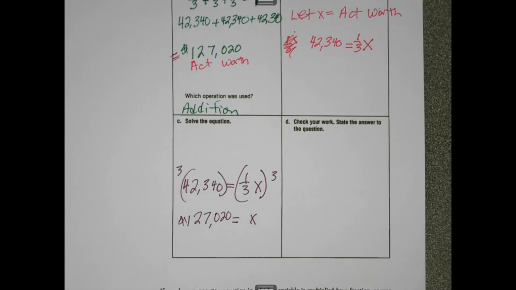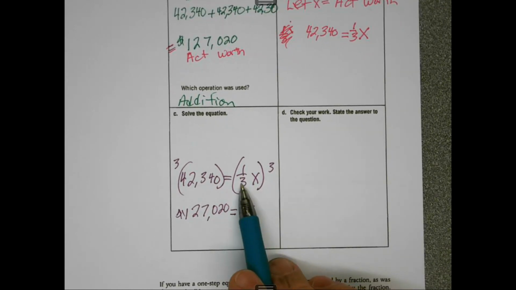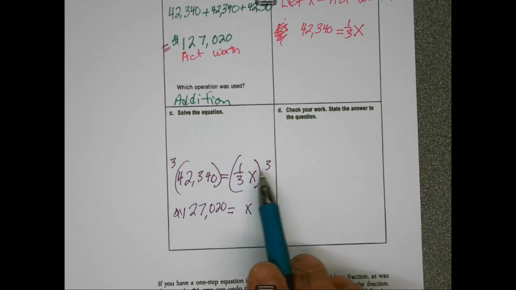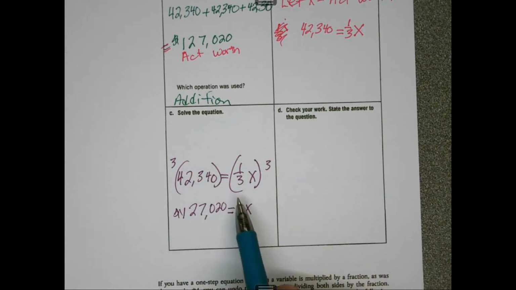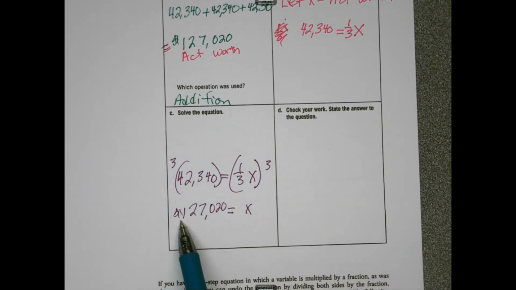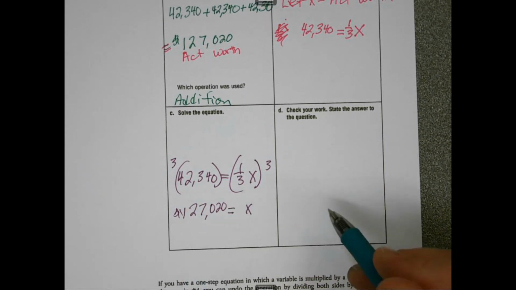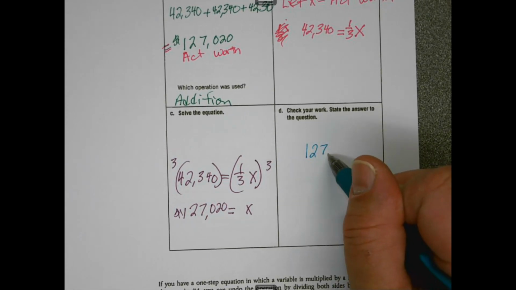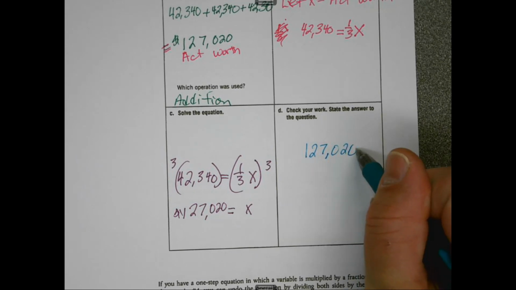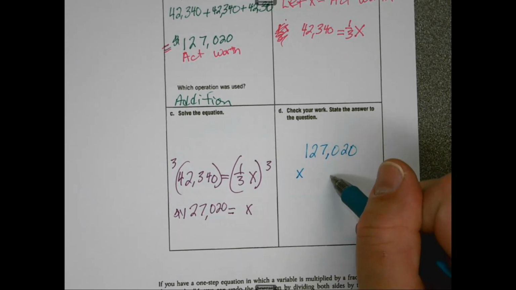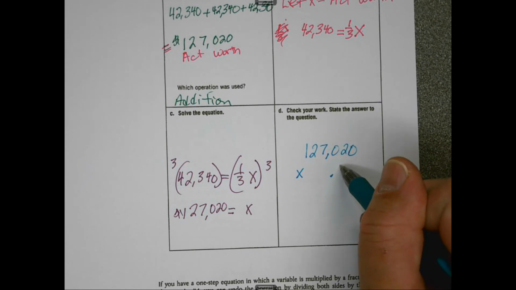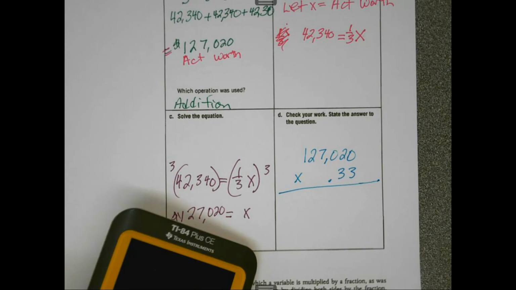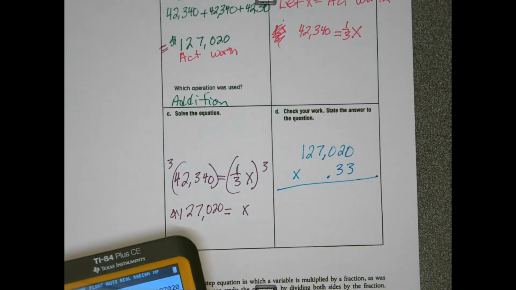To check it, I would take my $127,020 and multiply it by 1/3 or 0.33 repeating, and I should get my 42,340. This was rounded. If I use the actual fraction, 127,020 times 1 divided by 3, I should get my 42,340.